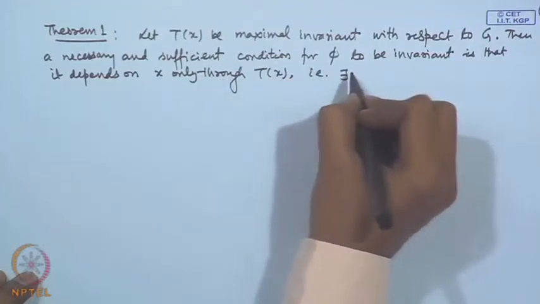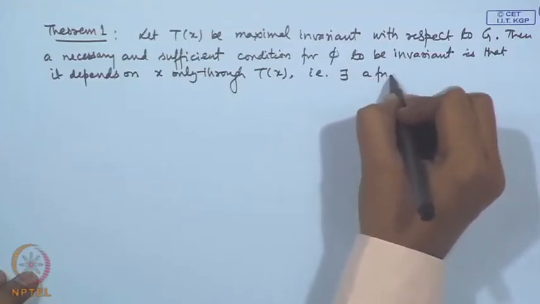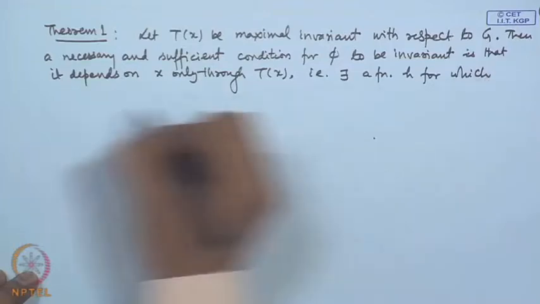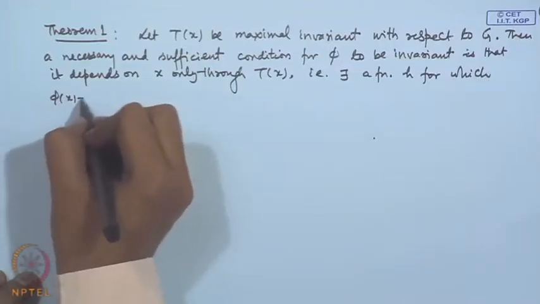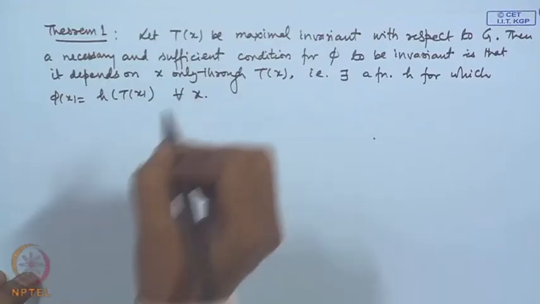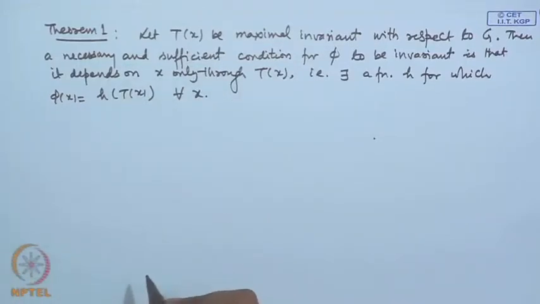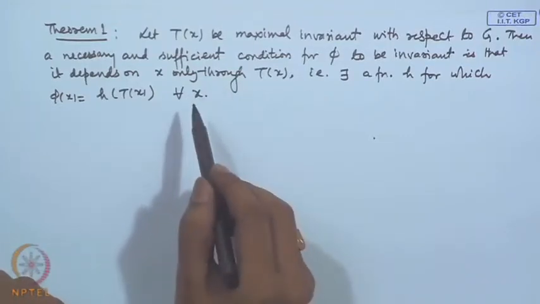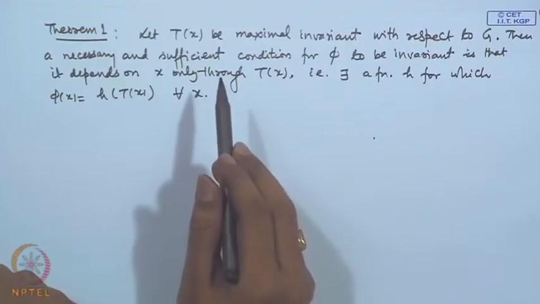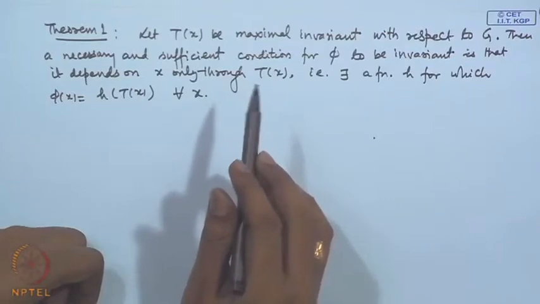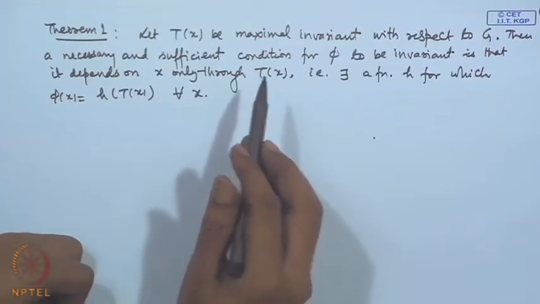That is, there exists a function h for which phi(x) is equal to h of T(x) for all x. So, a function will be invariant if and only if it is a function of the maximal invariant. That means it depends on x only through the maximal invariant function.